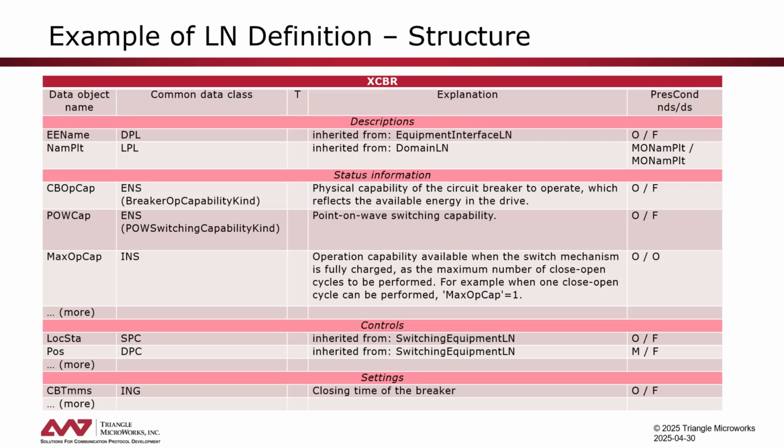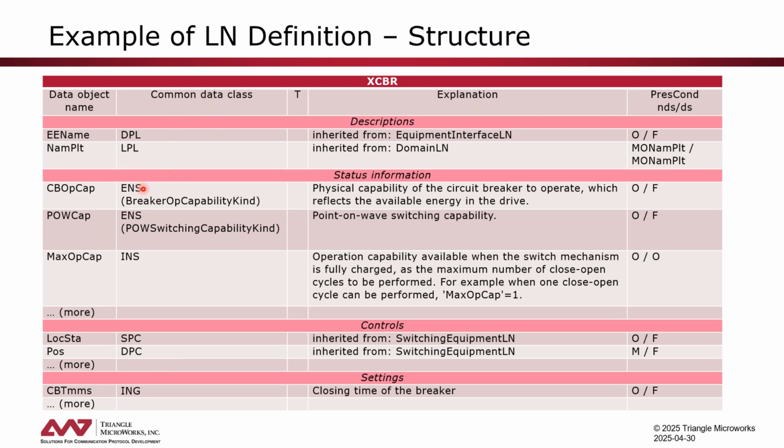To define the content of the logical node, we use tables. Here again is an example, an extract from the complete definition. We have a list of our data objects. They are grouped depending on their characteristics, like all the controllable objects or the status information. We have a reference to the common data class that we are using.